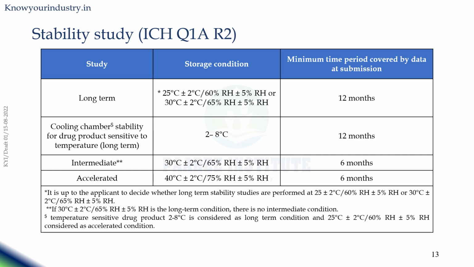Here are some more time points where you have to study the long term up to 12 months. Minimum for submission data you need to cover this, and accelerated data at least 6 months, and intermediate for 6 months. So these are the minimum studies you have to perform when you submit a product to the regulatory authorities.